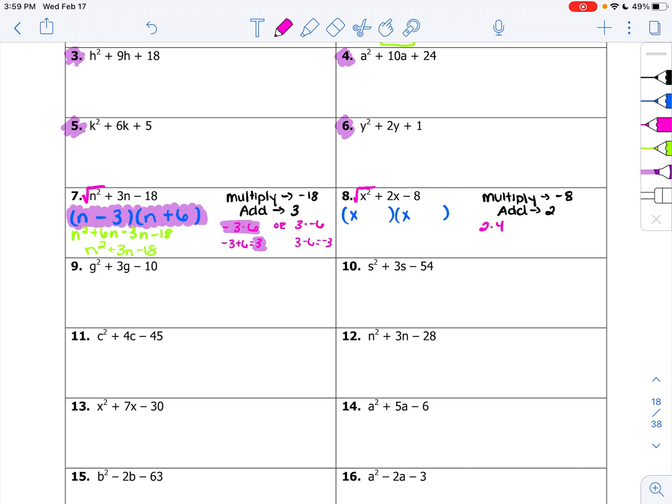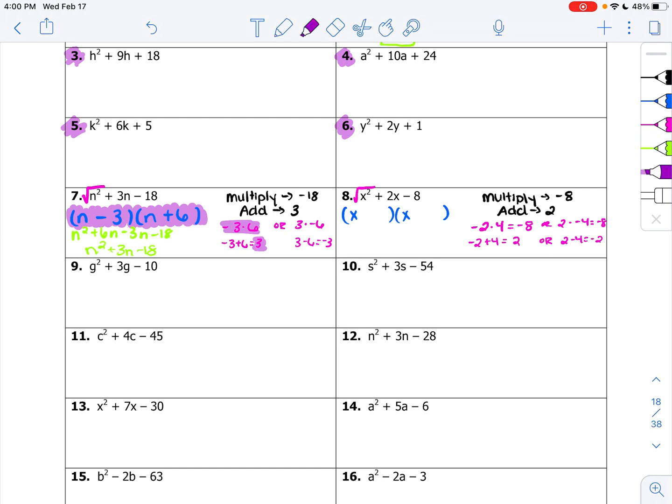So again, one needs to be positive and one is negative in order to get negative 8. So I could do negative 2 times 4, that's negative 8, or I could do 2 times negative 4, that's a negative 8. Well, when we combine them, negative 2 plus 4, that's 2, or 2 minus 4, that's negative 2.